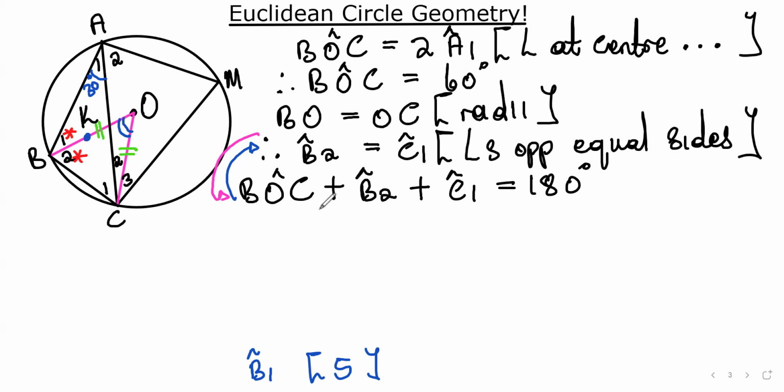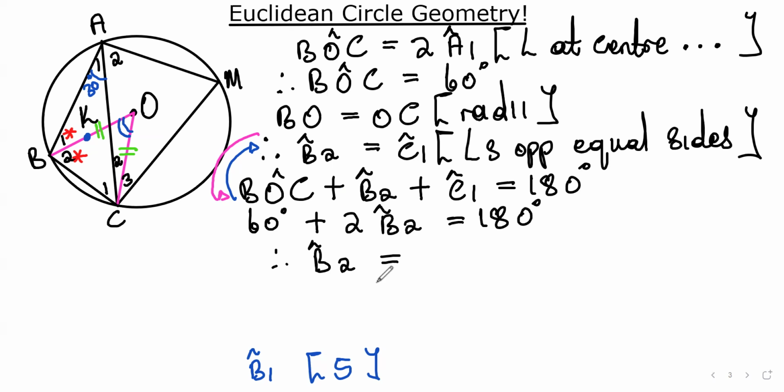Nonetheless, what is BOC? It's 60 degrees. What is B2? I'm now going to say twice as much B2, because those two are equal to each other, and the result is set equal to 180. Then I can make B2 the subject, but I need to give a reason why I say this, of course.